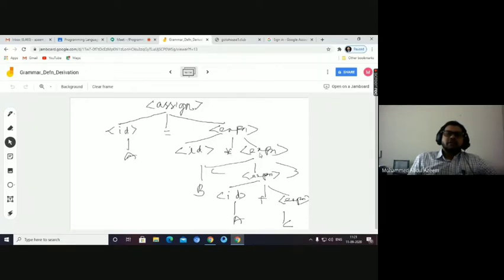Then in the next step, this ID derives to be B, and this expression is further expanded with parenthesis enclosed expression. So open parenthesis, expression, and close parenthesis.